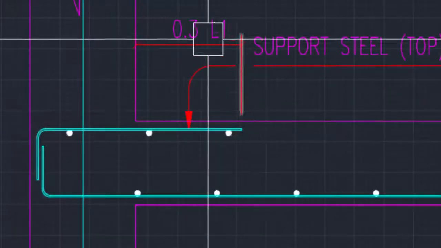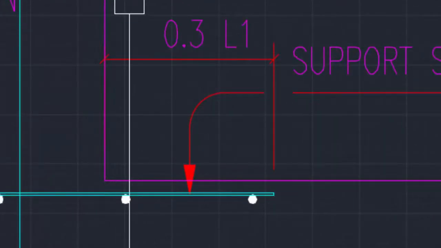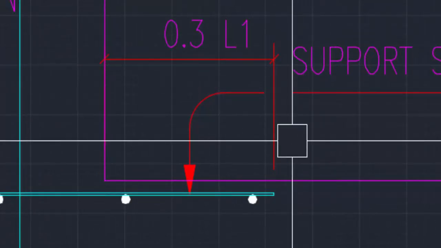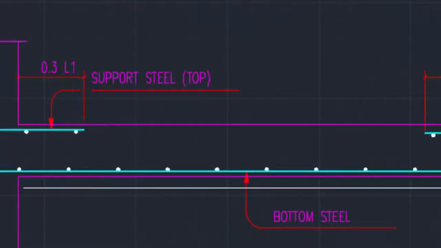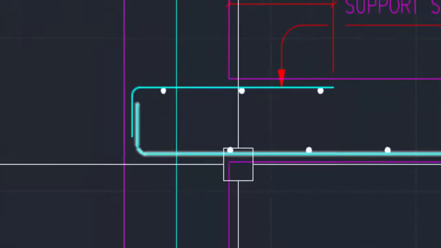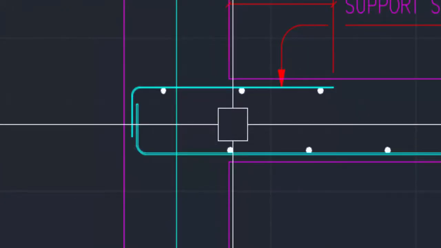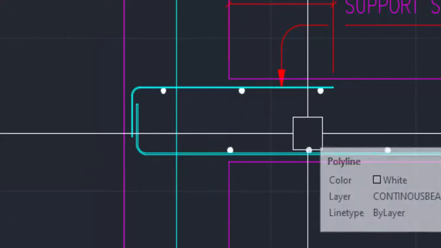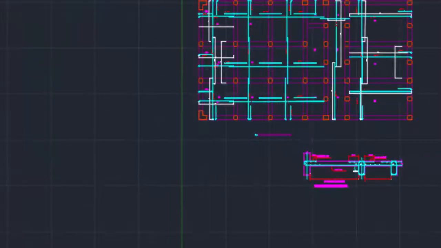This top bar's length from the column or beam or any structure is 0.3 L. So we will consider this full length from one spot to another spot, and then we will multiply it by 0.3. That will become the length, so this length will be considered for this bar.